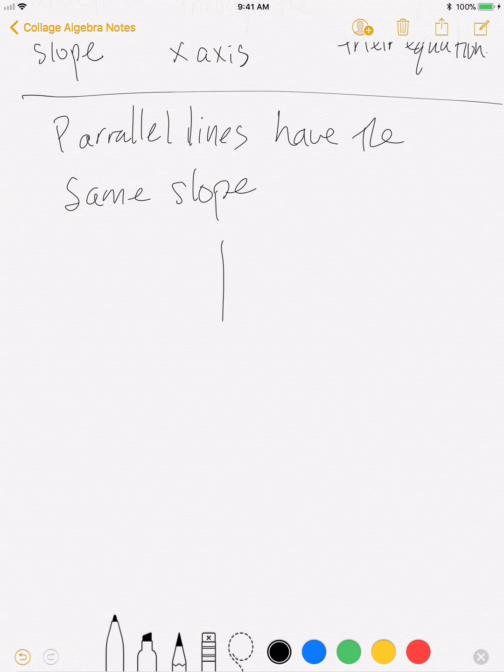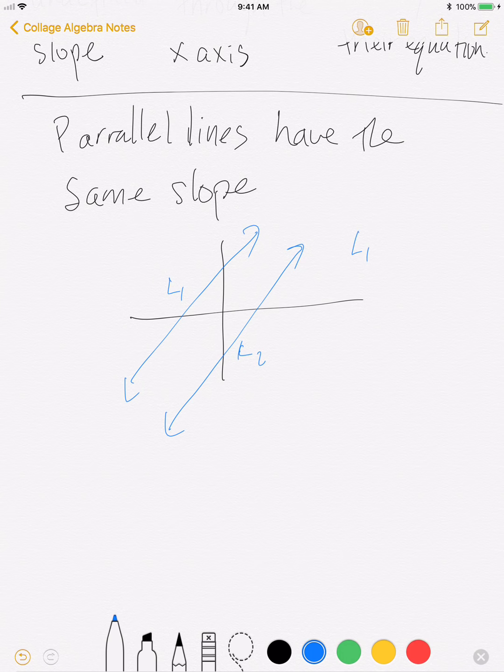So if I have two lines that are increasing at the same rate, the two lines are parallel. If I call this one L1, line 1, and this one L2, line 2, then we say that L1 is parallel to L2, and that would immediately mean that the slopes of the two lines are exactly the same. Parallel lines have the same slope.